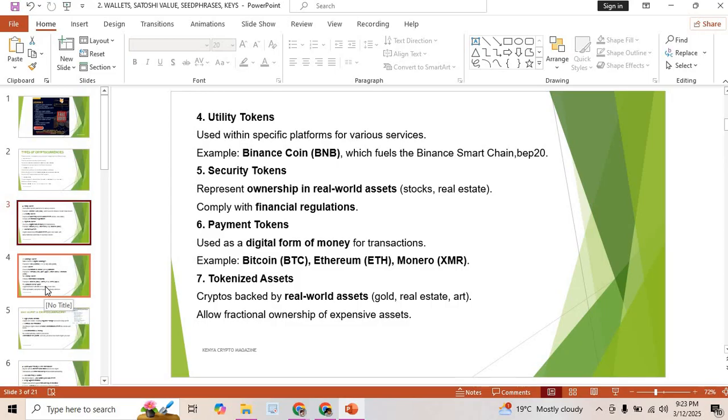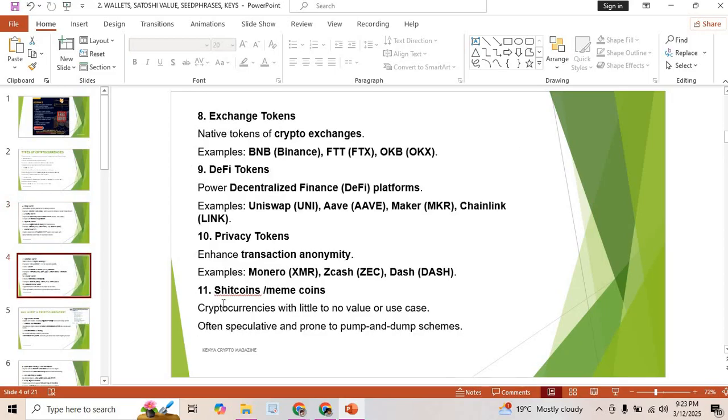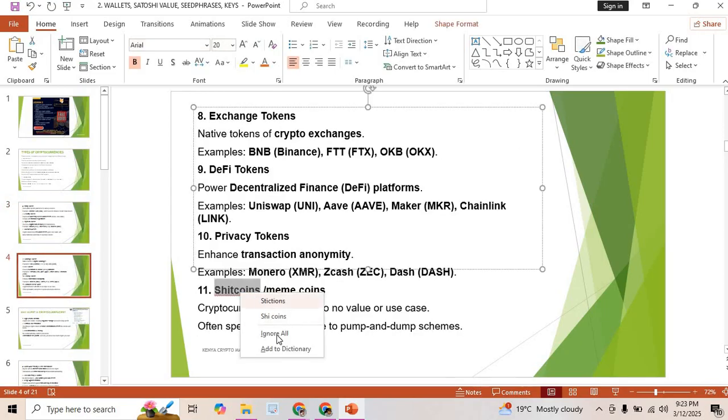All these have use cases. You can actually see what they're coming to solve in our current world. But when you talk about shitcoins and meme coins, they do not have any use case whatsoever. They basically depend on mass following.